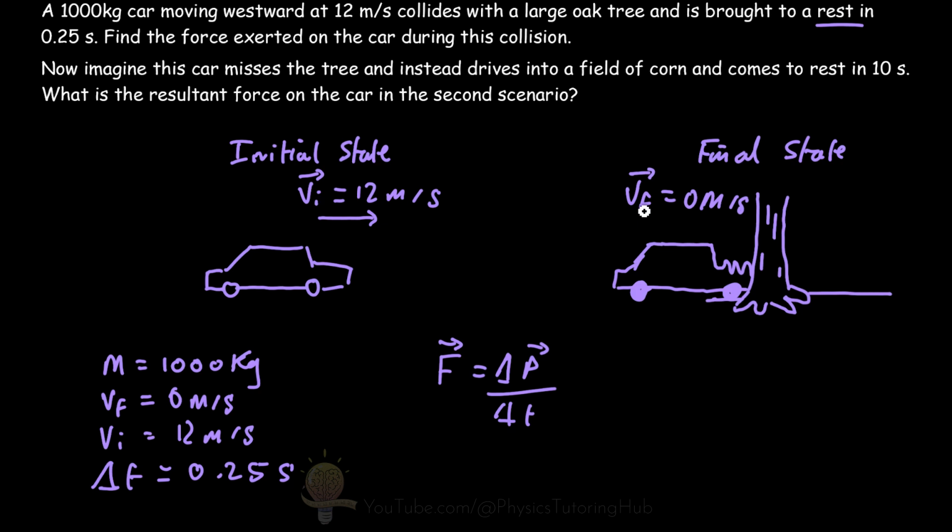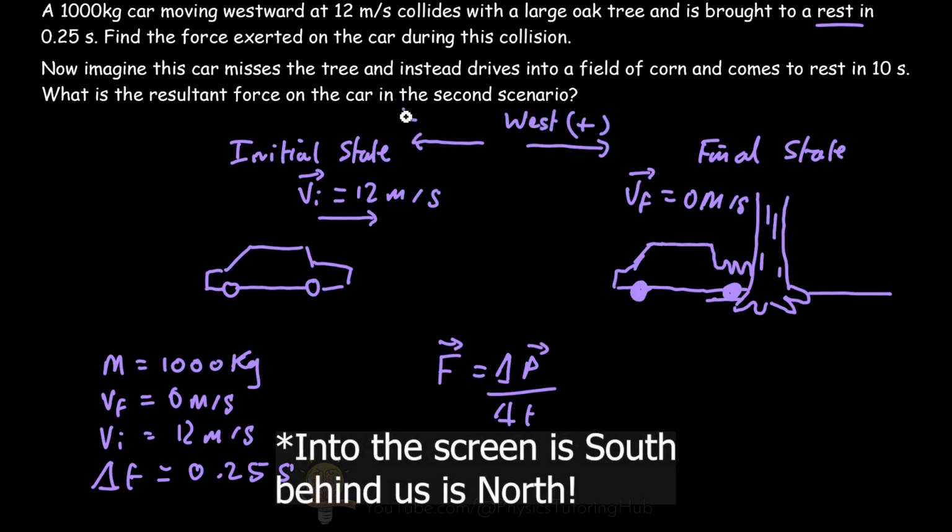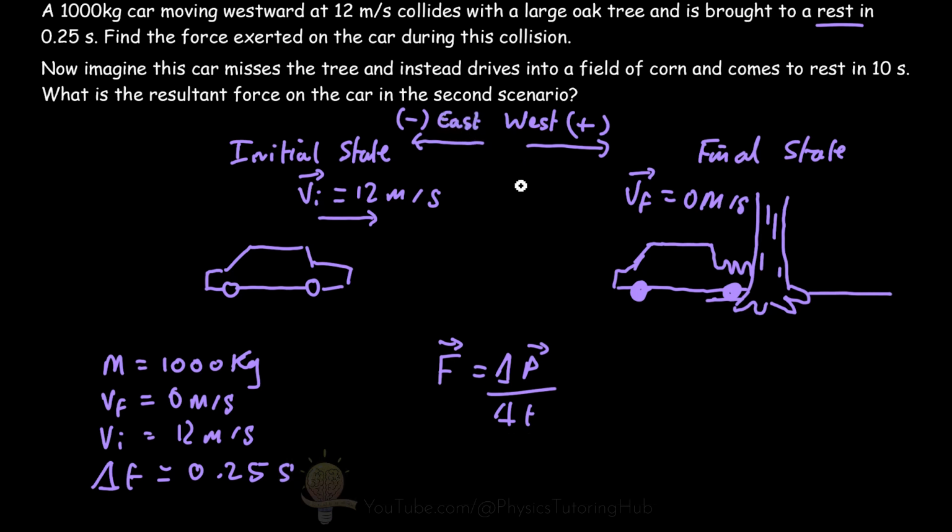So our initial velocity is at 12 meters per second, and we're going to make this west direction the positive direction. So west is positive. And we're going to say east is negative. So our velocity vector has a positive value, our initial velocity.